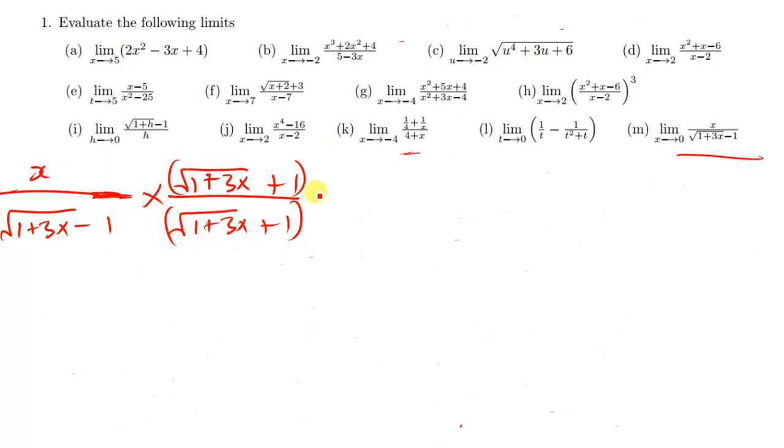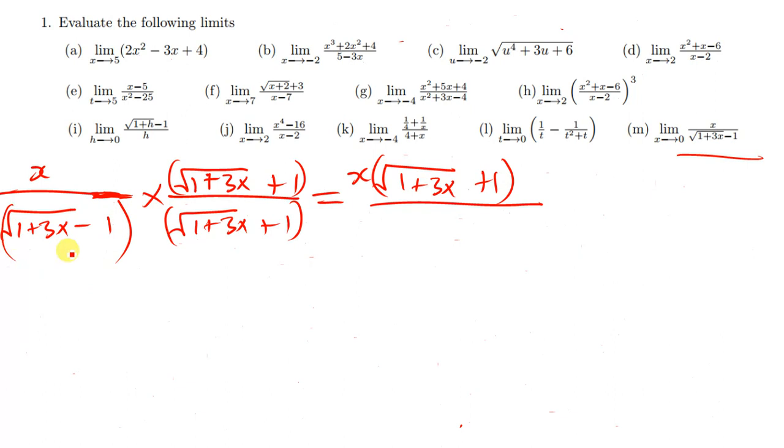When you multiply everything there, we're going to have x times the square root of 1 plus 3x plus 1, and then everything divided by, when you multiply this and that, since everything is the same, the only difference is the minus here and the plus there, meaning it's also the difference of two squares.